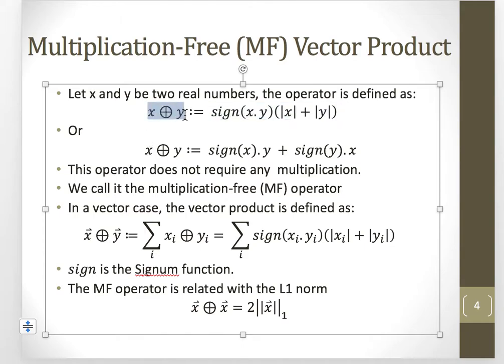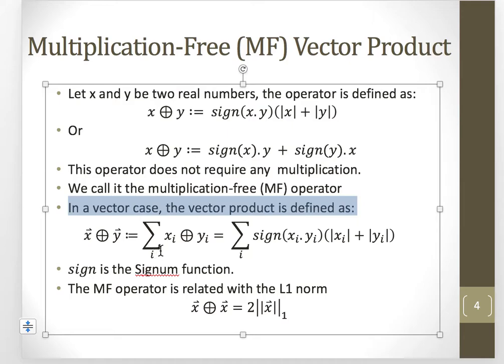Now this operator can also be implemented in this way: sign of x times y plus sign of y times x. And we use this equation to design the neural networks using TensorFlow or other readily available software. And essentially the operator does not require any multiplications. And we extend this to a vector product, x ⊕ y, where x and y are vectors.